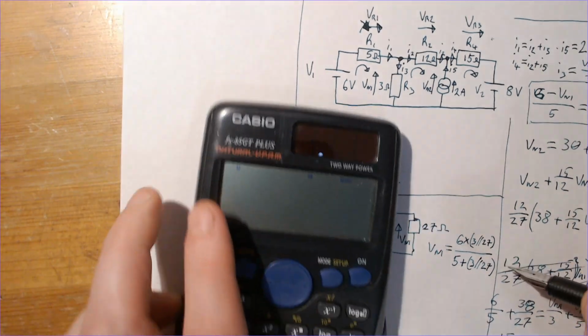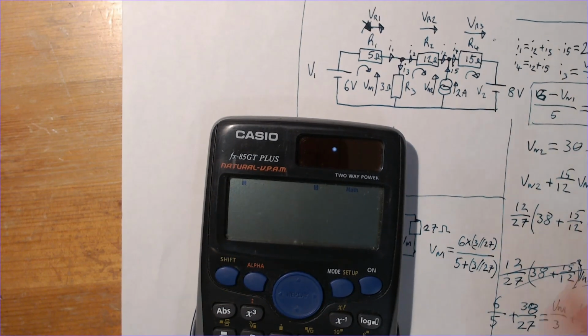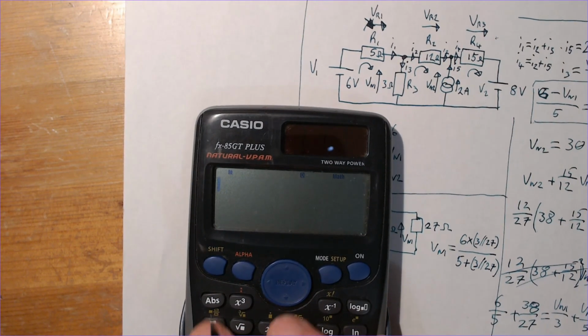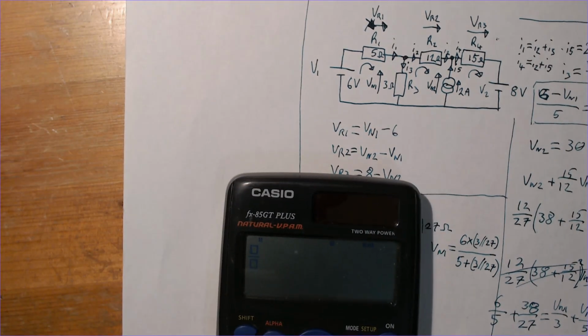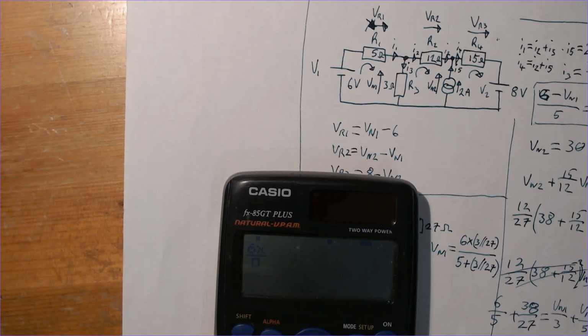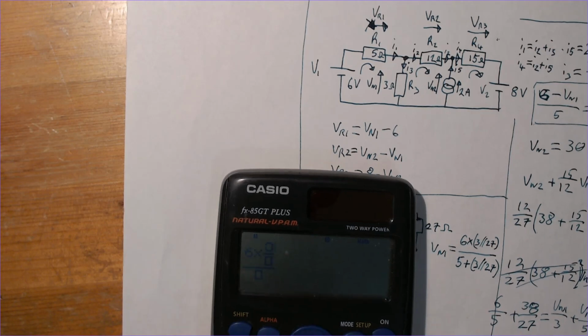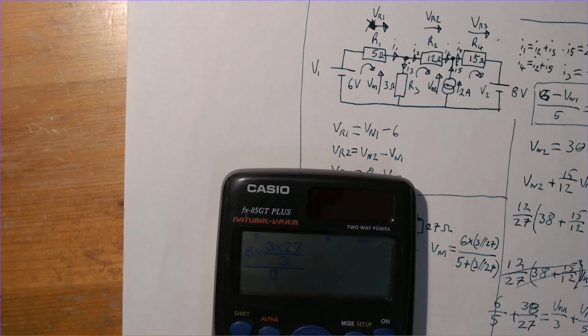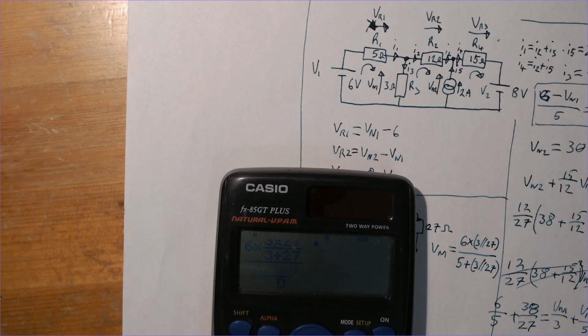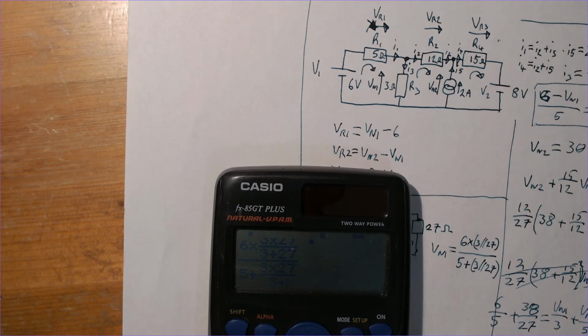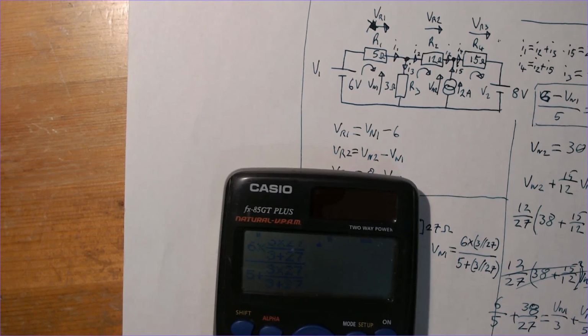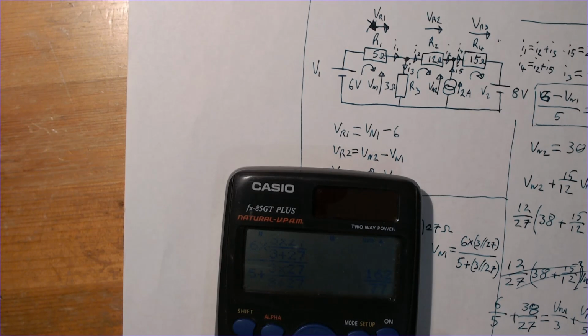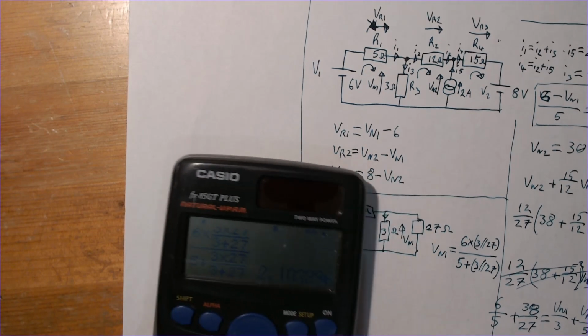It doesn't have a parallel with button, unfortunately, but we can use the times and divide method we used before. Times 3 times 27 over 3 plus 27 over 5 plus 3 times 27 over 3 plus 27, and that equals 2.1.